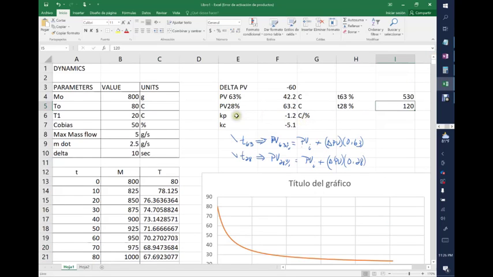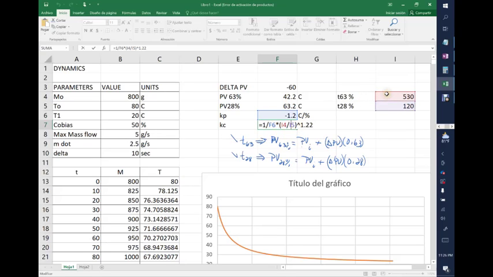Now for the calculation of KP, let's see if I got it here, it's going to be that delta PV, that's minus 60, divided by B7, that's the CO bias, and that gives you negative 1.2, and eventually you get the calculation of KC. Let's drop it here inside, so it's 1 over F6, which is this value here, 1 over negative 1.2, and that's going to be E4 over E5.